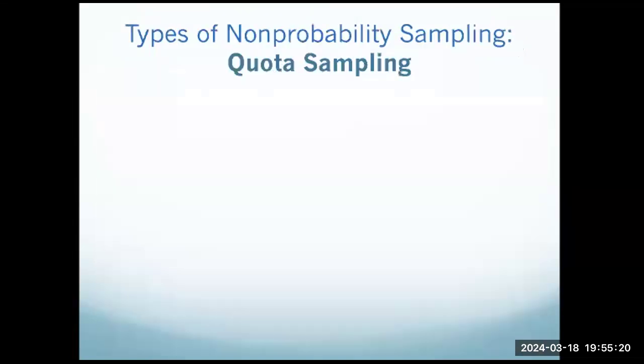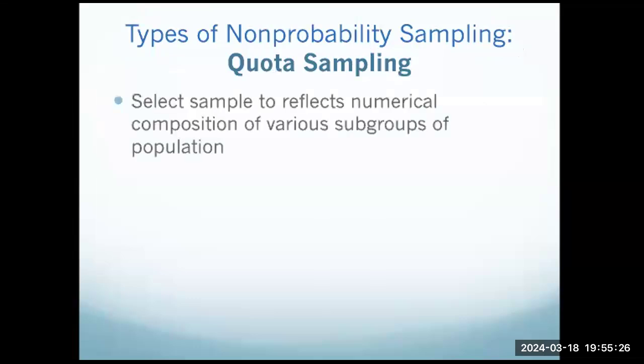So, different types of non-probability sampling. First is quota sampling. Its analogy is stratified random sampling. With quota sampling, you want to make sure that your sample reflects the numerical composition of different subgroups.